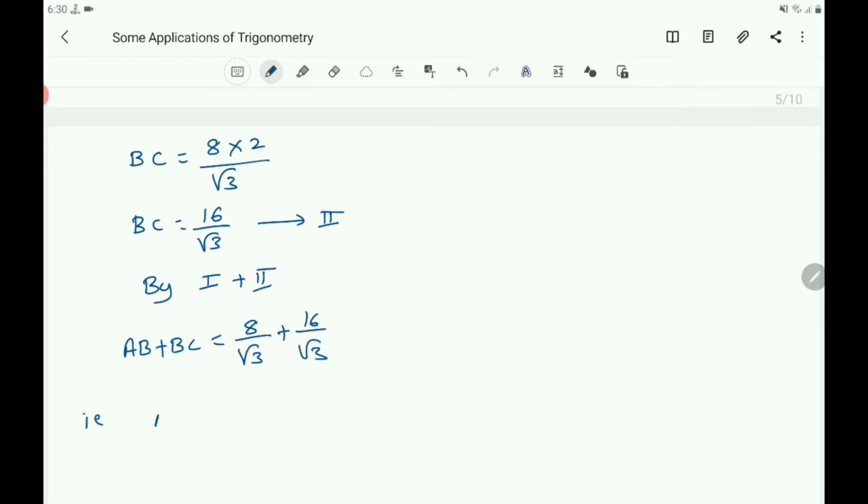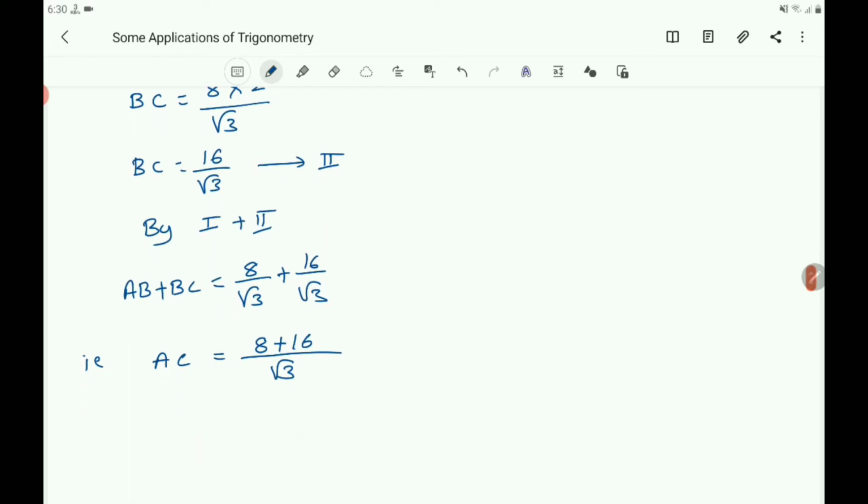That is AC equals, the LCM is root 3. So add the numerator, as both are having root 3 in the denominator. You must add the numerator 8 plus 16. So you got 24 by root 3.